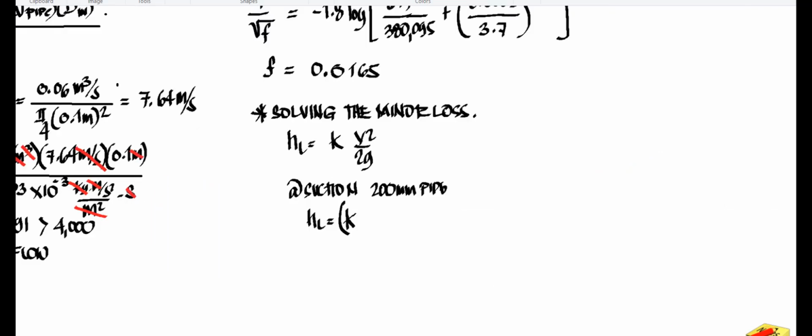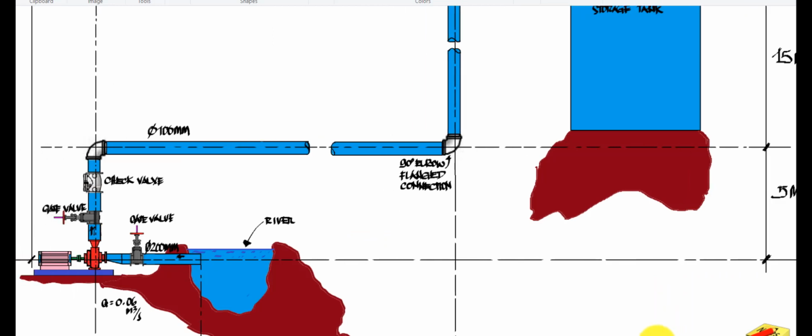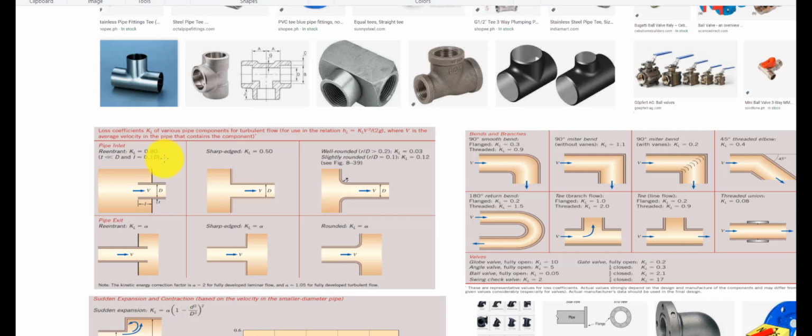Okay, so we have at the suction, that is 200 mm pipe. Referring to the figure, like I discussed last time, we have the re-entrant, the entry of water here, then we have your gate valve here.